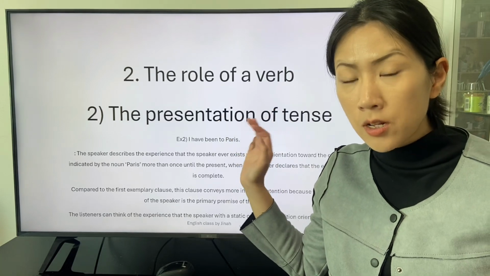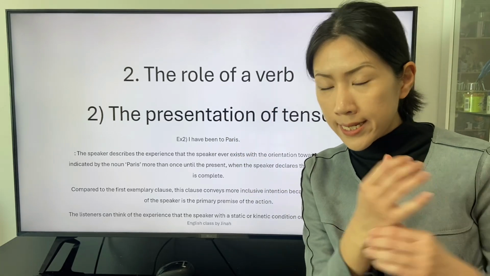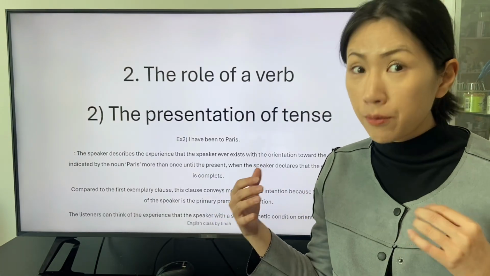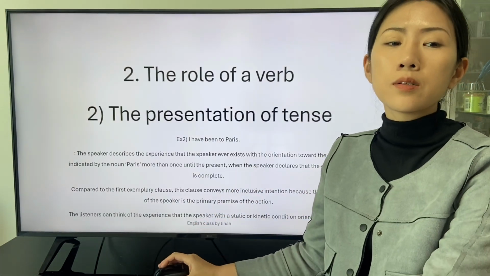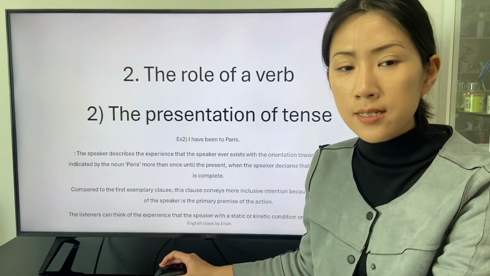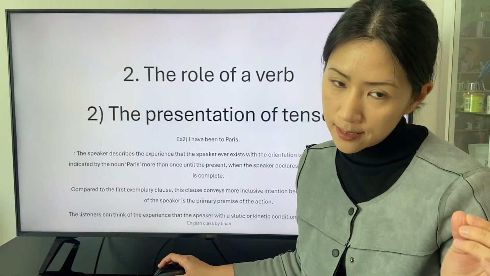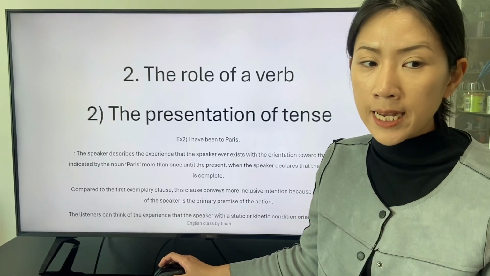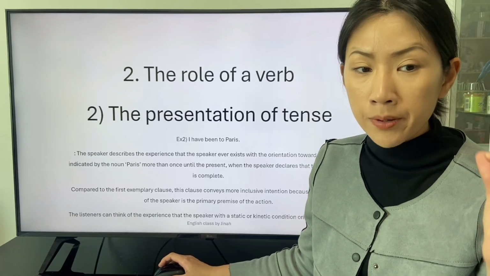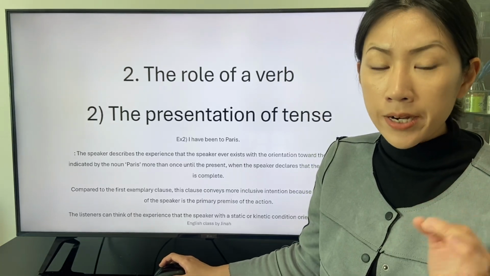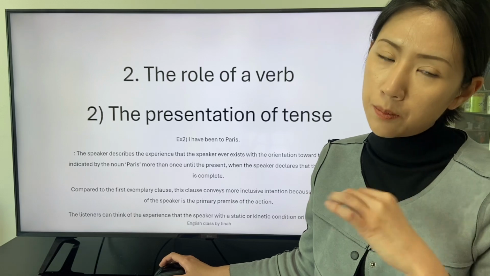This clause is also about the existence of the speaker for a period. The speaker describes the experience that the speaker ever exists with the orientation toward the object indicated by the noun Paris more than once until the present, when the speaker declares that the experience is complete.